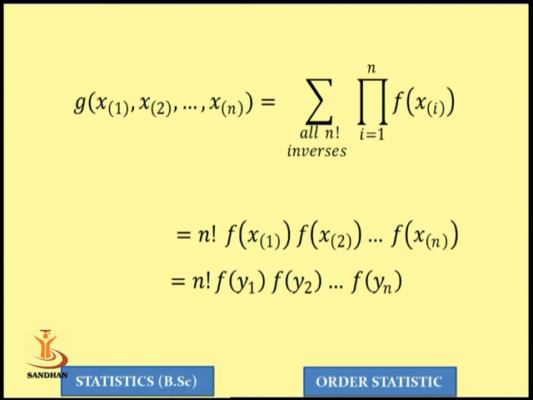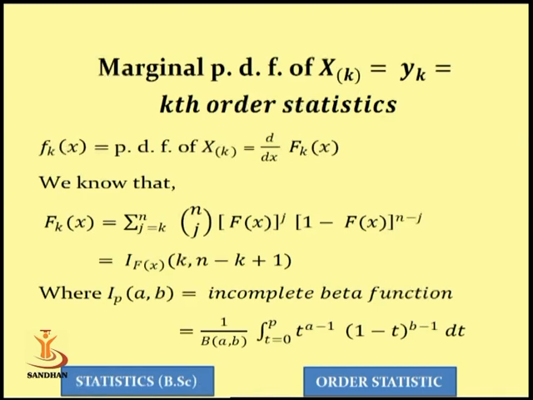So our joint density of all n ordered observations is going to be n factorial f(x1) f(x2) ... f(xn) in order, or as we have denoted our ordered values as y1, y2, ..., yn, for simplicity we can denote it by n factorial f(y1) f(y2) up to f(yn).